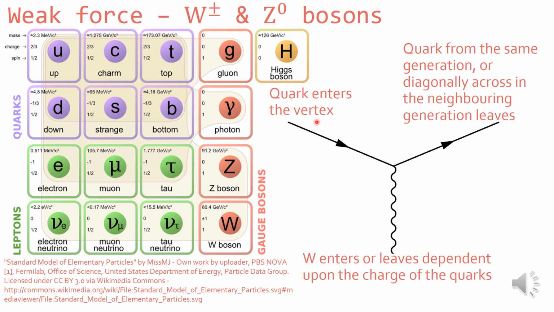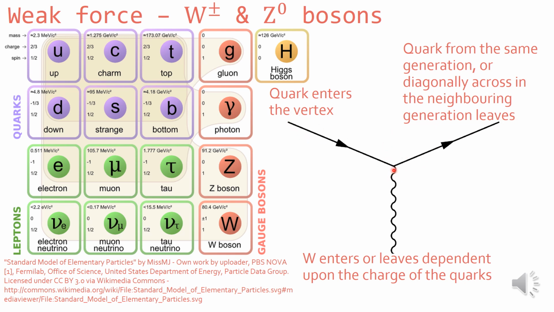Now, let's give a little example to find out what the charge of our W boson will be. If an up quark enters with charge plus 2/3, and then a down quark leaves, it would have a charge of negative 1/3. So the overall charge has gone down by 1.